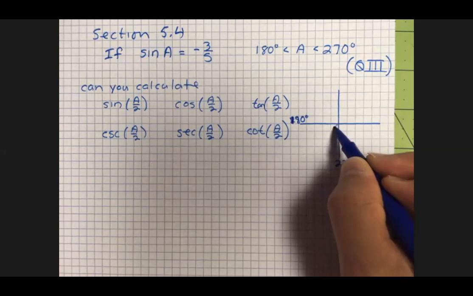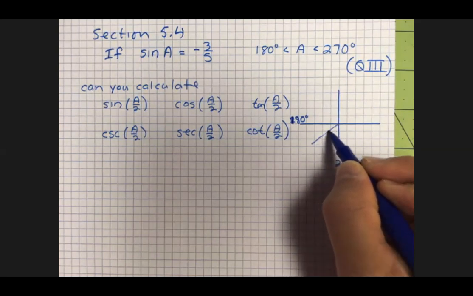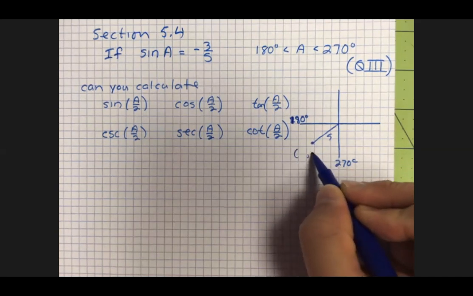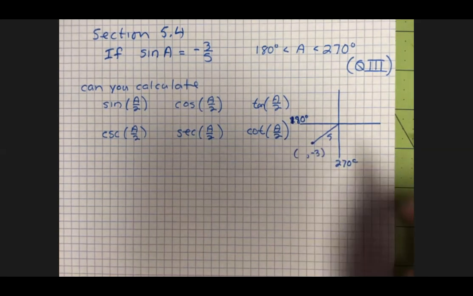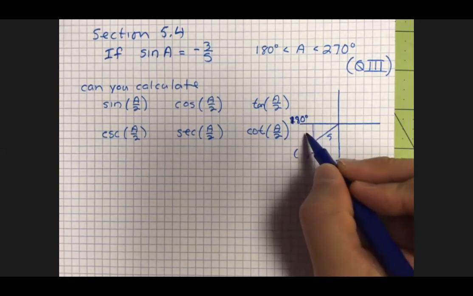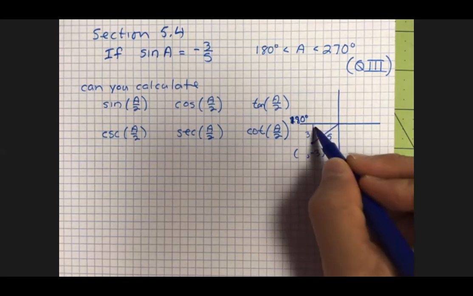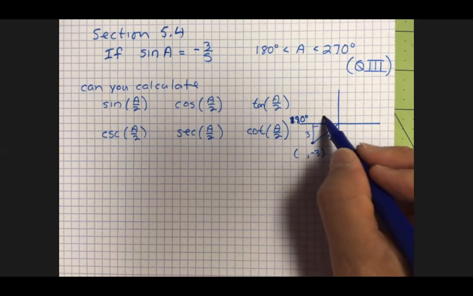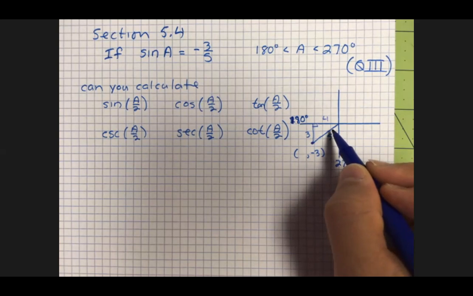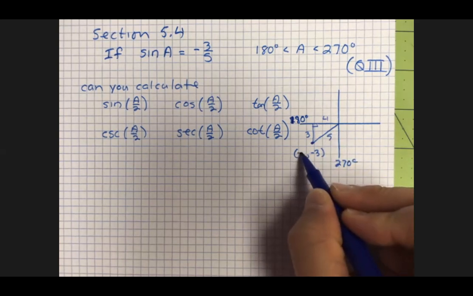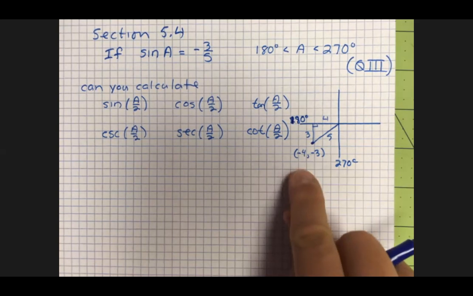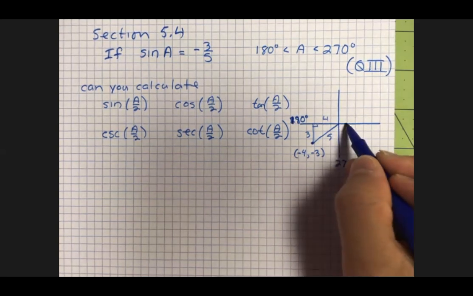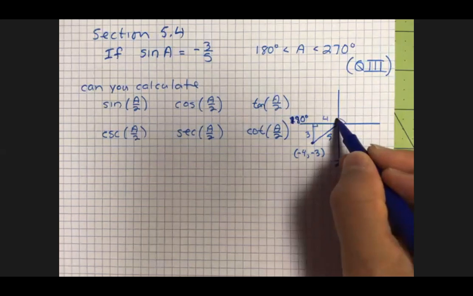So they have a radius of 5 and a y value of minus 3. That means the side length right here is 3. After you see this triangle a couple times, you remember it. That means this side length is 4. But that x value is minus 4. So here's the point, minus 4, minus 3. And here's the angle A.